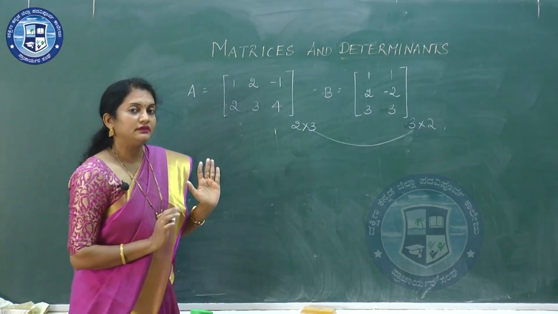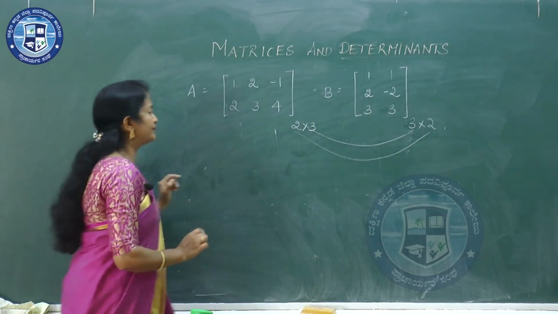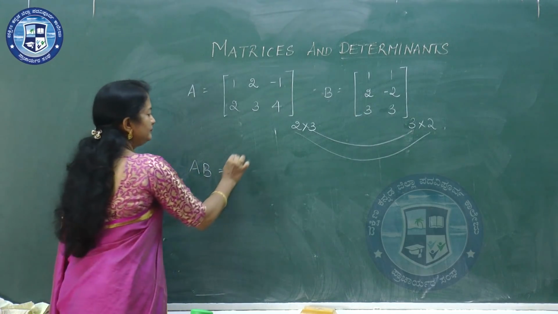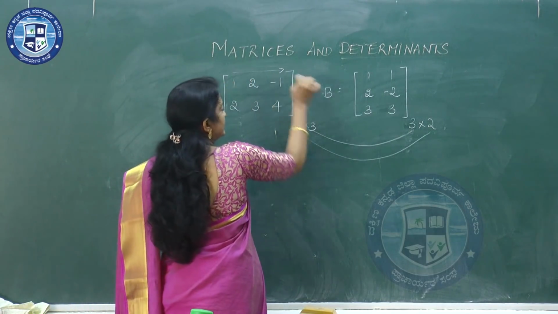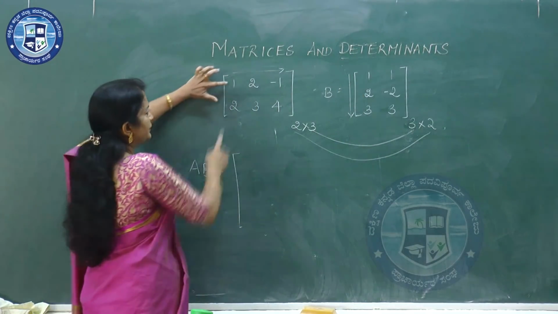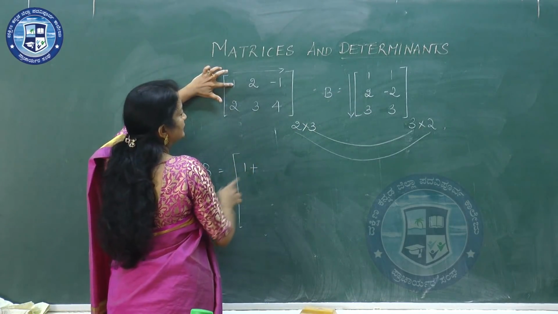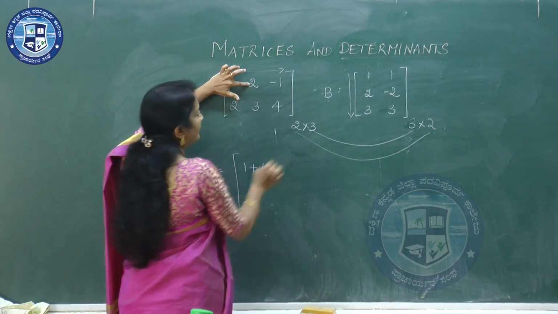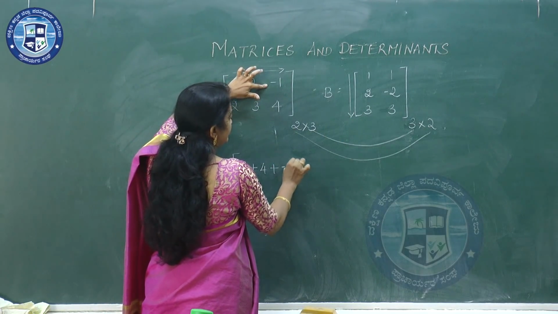And what would be the order of the resulting matrix? That will be 2 by 2. Now, we will find the product. So, first row you select and first column: 1 into 1, 1, plus 2 into 2, 4, plus minus 1 into 3, minus 3.